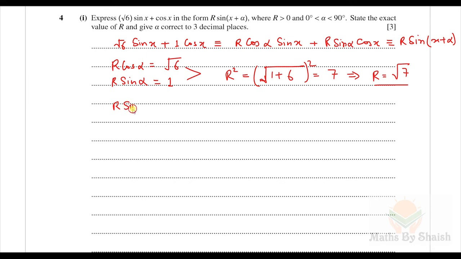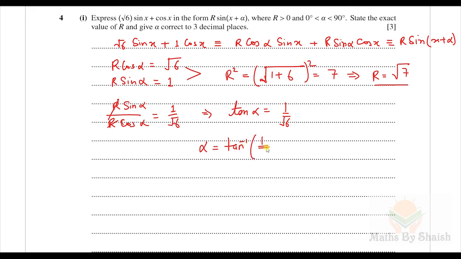Now if we want to get alpha, we have to divide. So let's divide r sin alpha by r cos alpha. The right hand side would be 1 over root 6. On the left hand side we can cancel r because it's greater than 0, and this becomes tan alpha is equal to 1 over root 6.